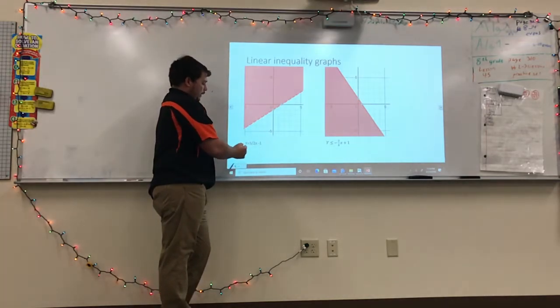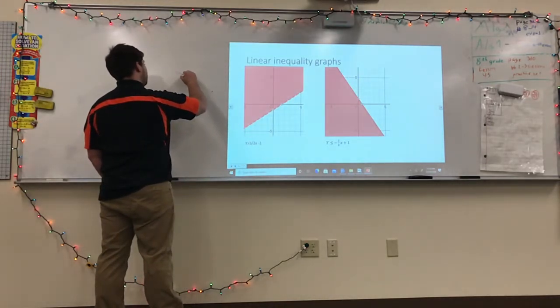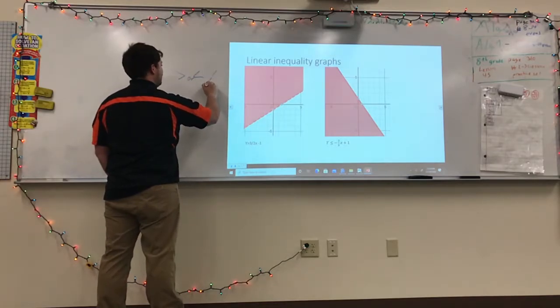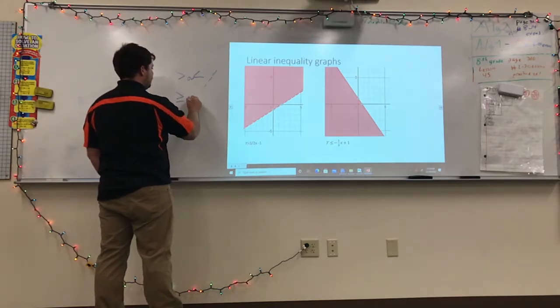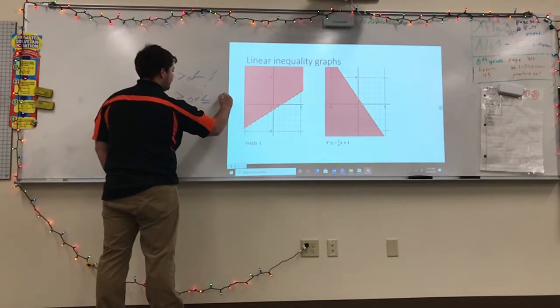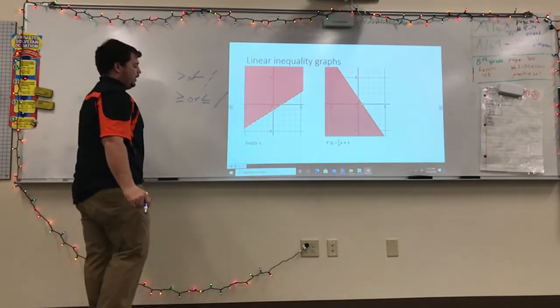If it is less than or greater than, it should be a dashed line. If it is greater than or equal to, or less than or equal to, it should be a solid line.